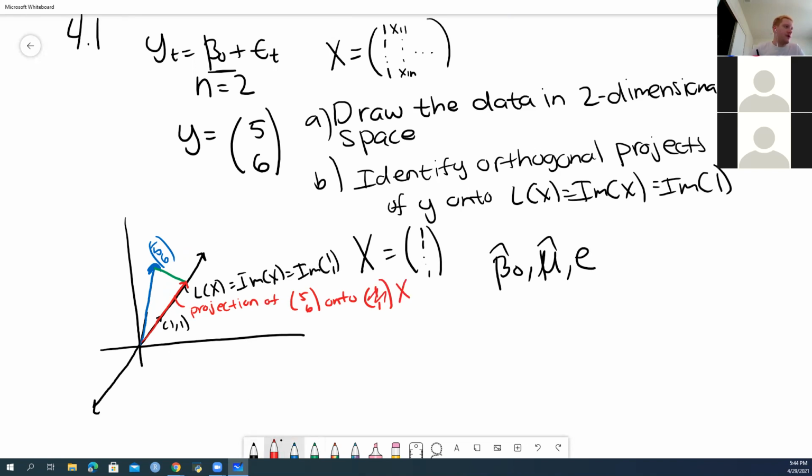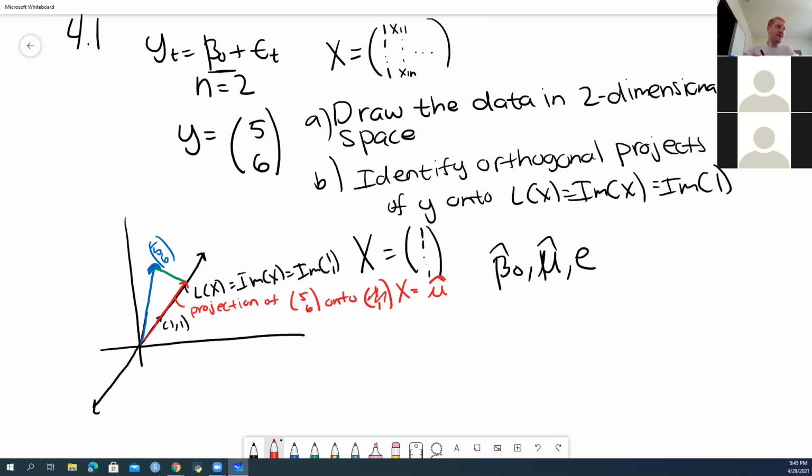To identify everything geometrically, this is mu hat. This is our estimated value, because when we project our y vector onto the subspace of our data vectors, that orthogonal projection is our estimate.